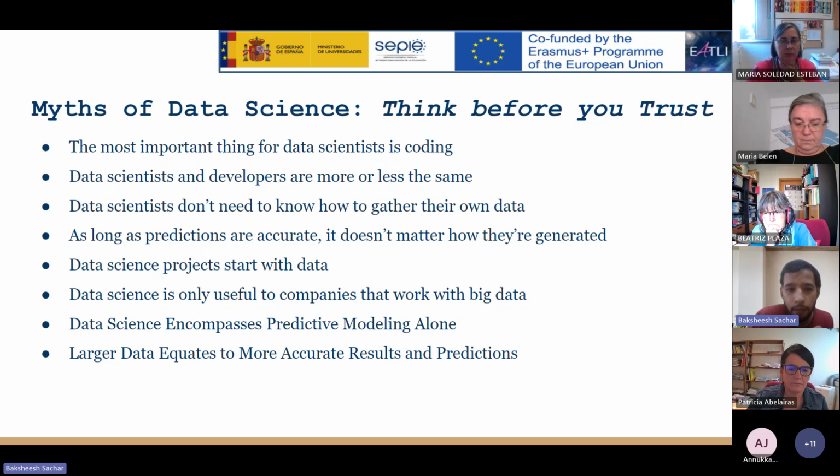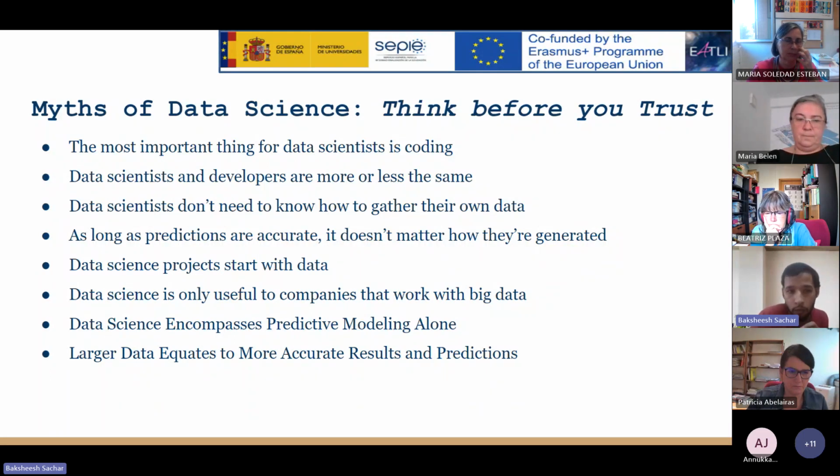Another myth is that people think larger data equates to more accurate results and predictions. It may or may not be true, because it also depends on the quality of data. Even if I have a larger data set, if the quality of data is not good, it may not give me accurate results. So while we work on data, it is important that the data being used is of good quality.